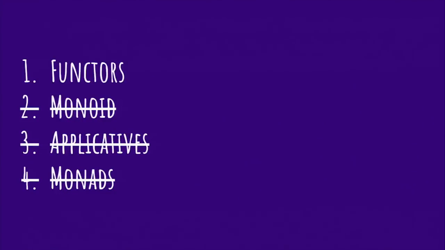So in category theory, there are a lot of weird names, like functor, monoid, applicative, monads. I will not try to explain even monads and the others. I will try to explain functors only, and hope I succeed.